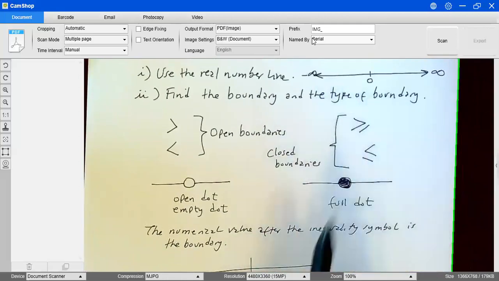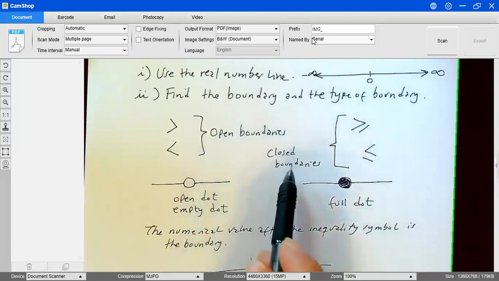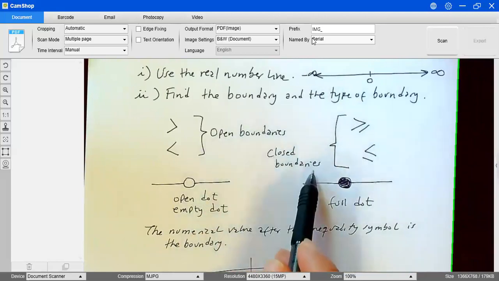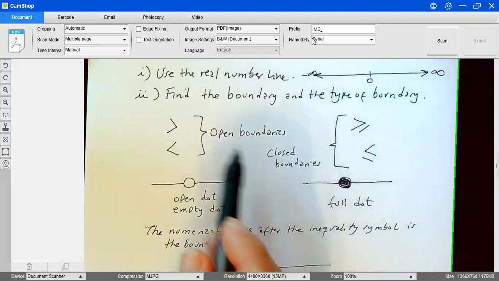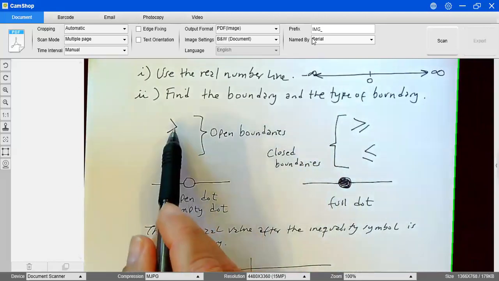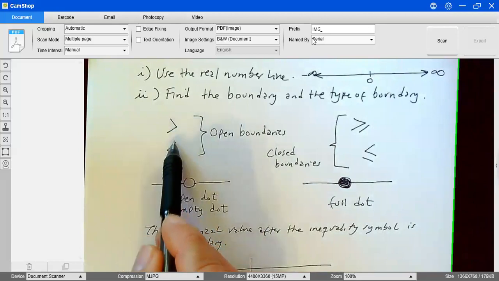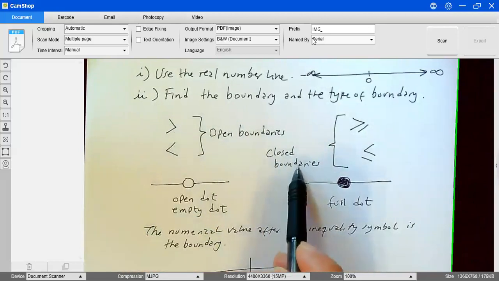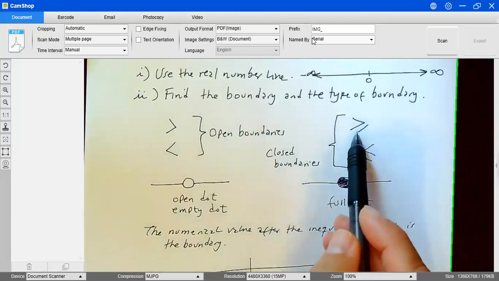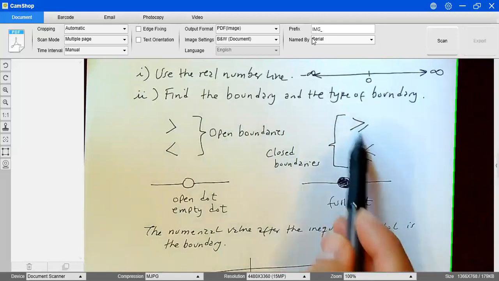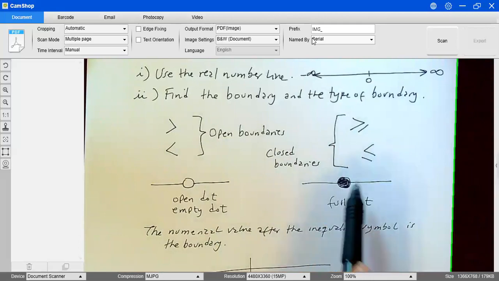There are two types of boundaries. We're going to have open boundaries or closed boundaries. The open boundaries are the ones that are related to these symbols, greater than or less than, and the closed boundaries are the ones that also incorporate the equal sign. What is the meaning of this?